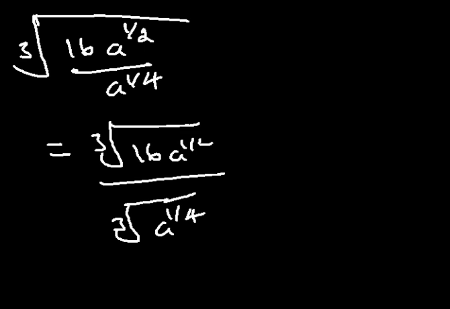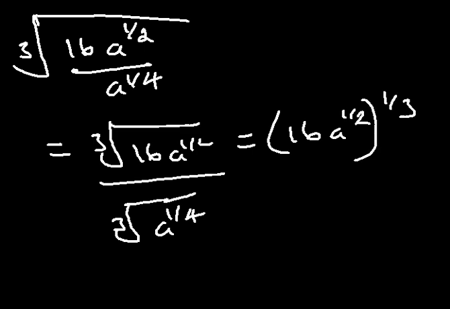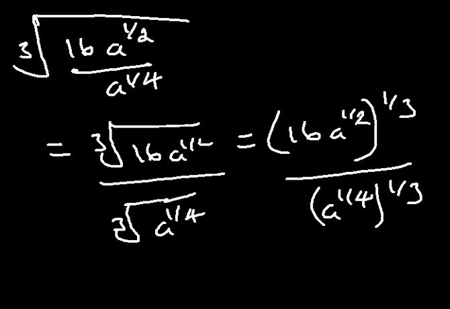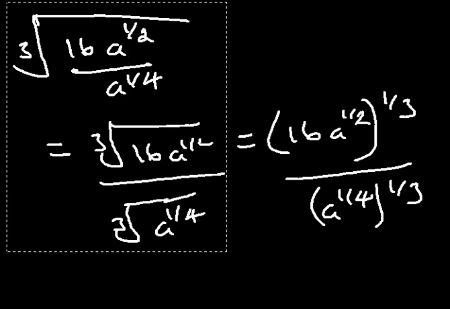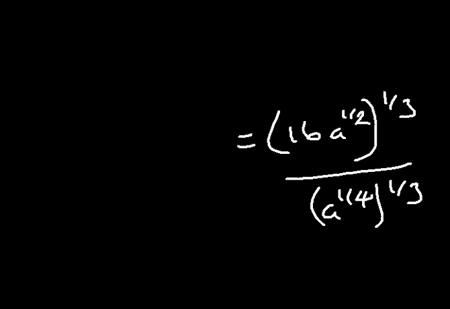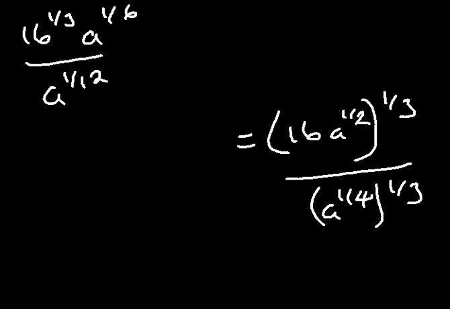According to the working principle, this is 16a to the power half, overall to the power 1 over 3, divided by a to the power 1 over 4, overall to the power 1 over 3. According to the power distribution law of indices, this is 16 to the power 1 over 3 times a to the power 1 over 6, divided by a to the power 1 over 12.